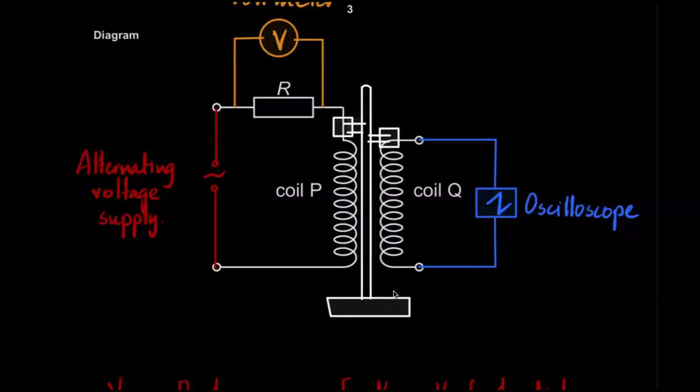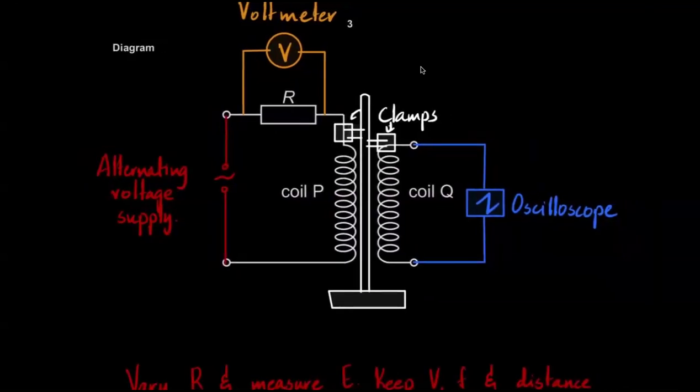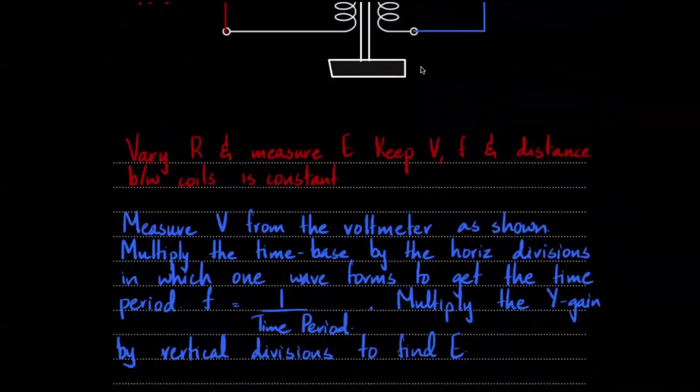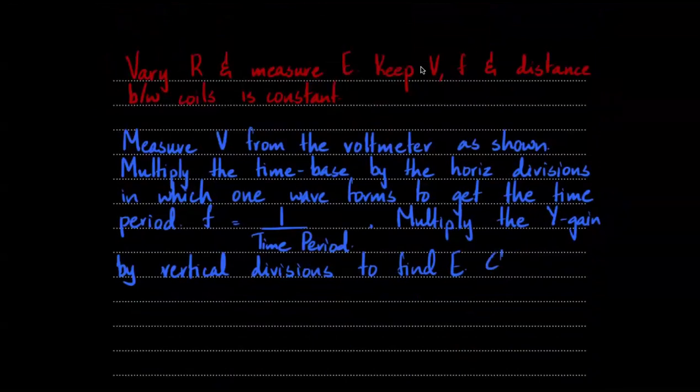Again, it's totally fine that you identify the different things here while you're writing the experimental procedure. So you should just have enough space in your diagrams that you can add on to it. So I'll say clamp the coils to keep the distance constant.